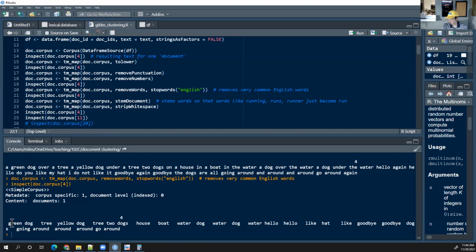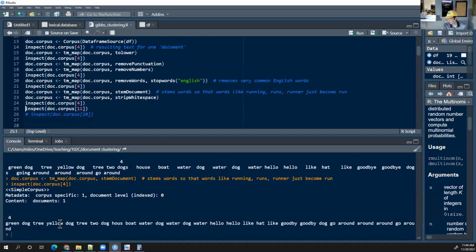It looks like it gets rid of a bunch of prepositions as well. So we have green dog, tree, yellow dog, tree, 2 dogs, house, boat, water, dog, things like that. So basically all of these articles and prepositions get removed. And then, you don't have to do this, but you can also stem the document.